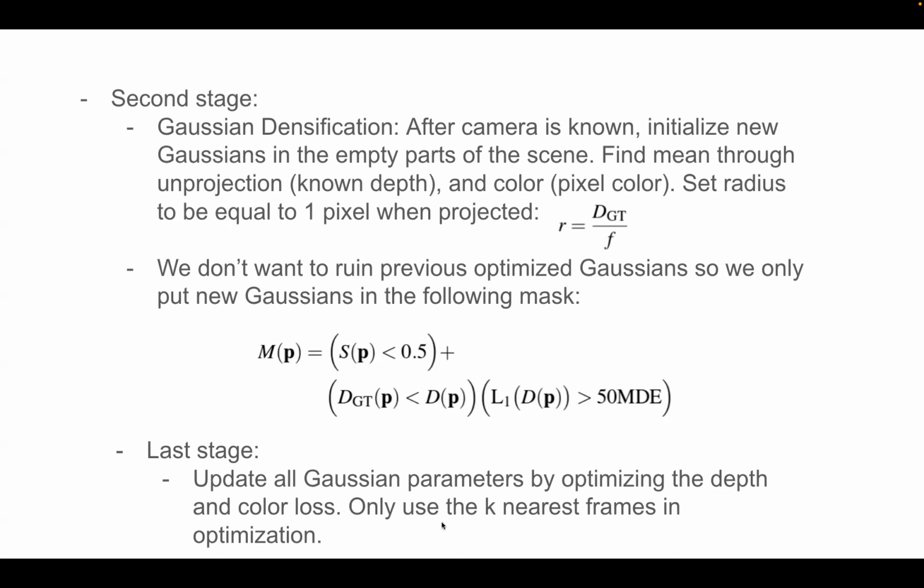And they only use the k-nearest frames to this frame that they just got in their optimization, so their batch size doesn't get too big. And the nearest frames are the ones that when you project these pixels, these projected points will fall into the frustums of those cameras. So the more points in the camera frustum, the nearer that frame is to the current frame.